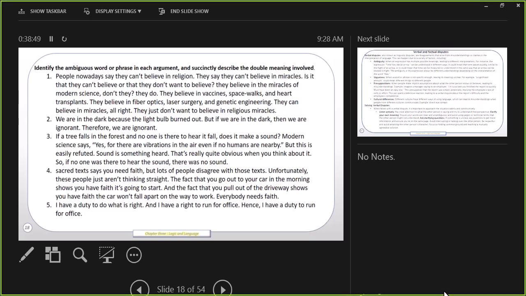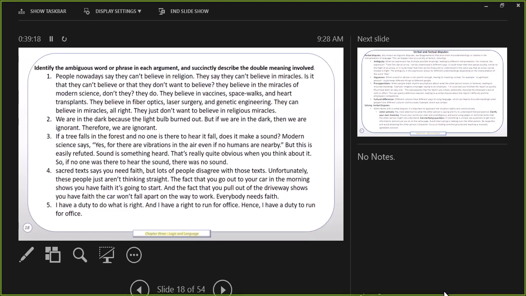Which word is ambiguously used? The word sound.